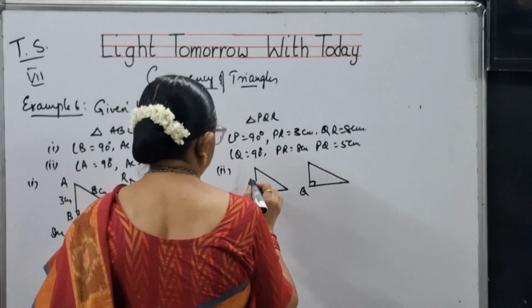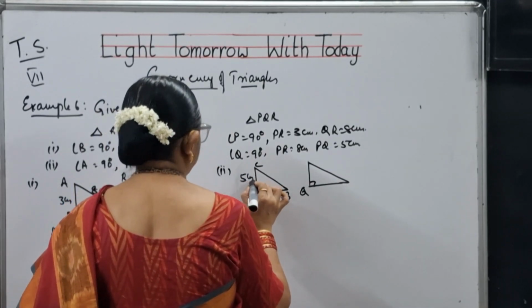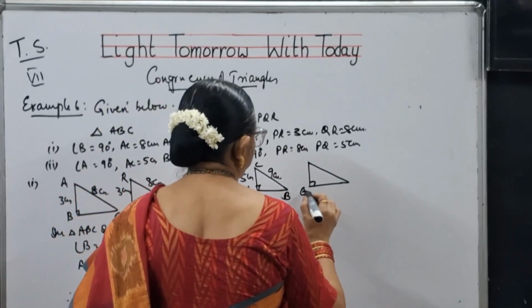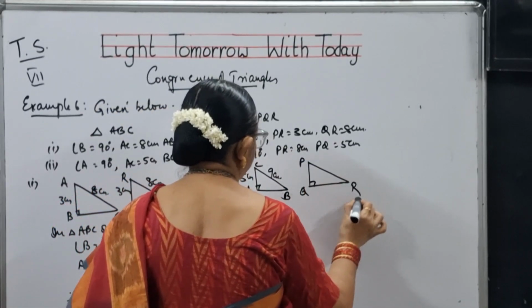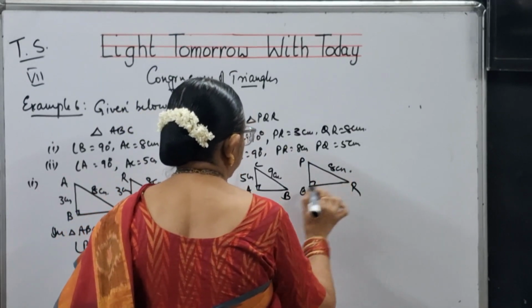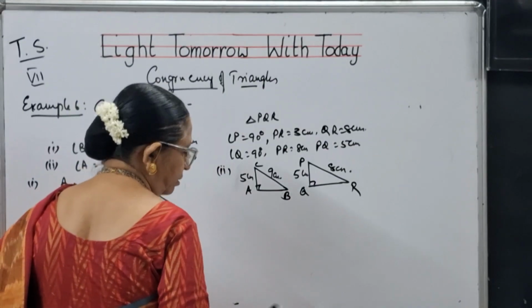And AC is 5 centimeters, BC is 9 centimeters. Here Q, let me write P and R, and what else they said? PR is 8 centimeters, PQ is 5 centimeters. These are the measures they have given.